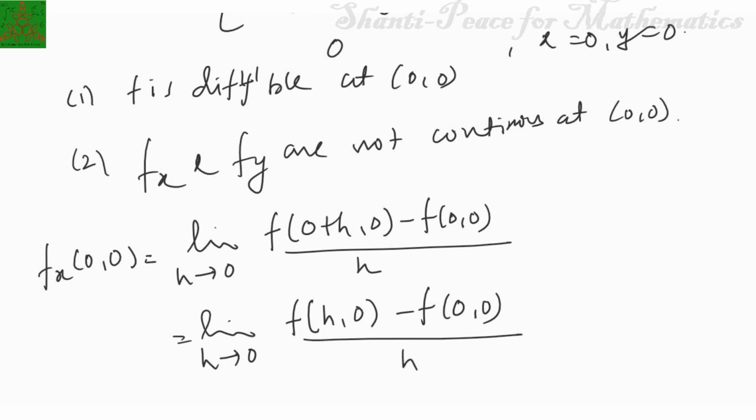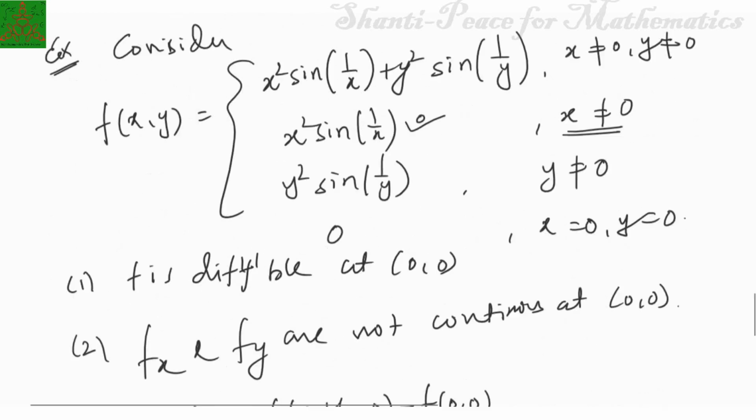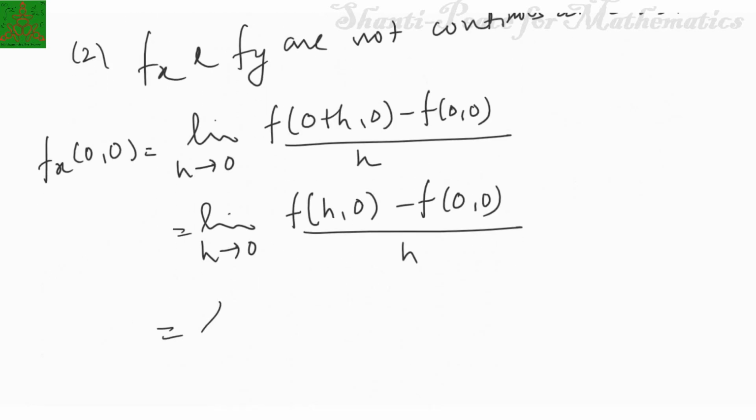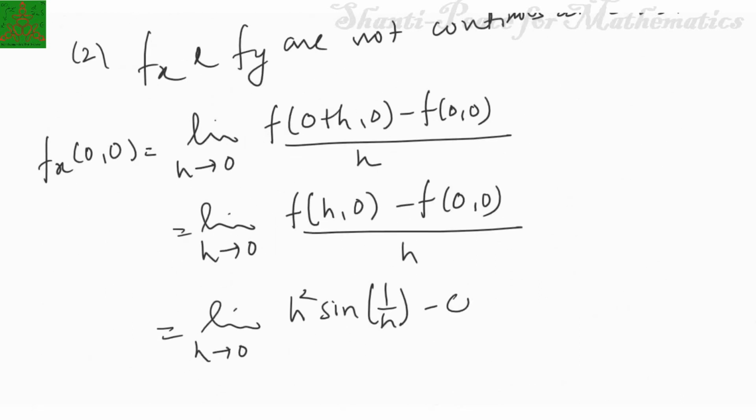Now what is f of (h,0)? Here x is non-zero, so this is the function definition. That will give you limit h tends to 0 of h square sine 1 upon h, and f of (0,0), both points are 0, so it has a 0 value. So this will give you 0 upon h, and this h is cancelled out, so we'll have limit of h into sine 1 upon h.